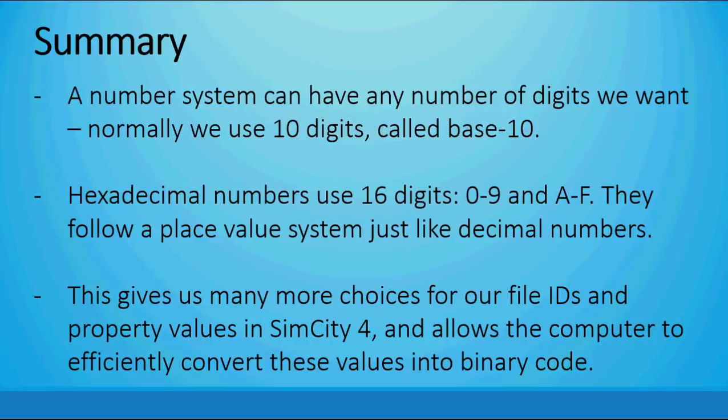And of course, because 16 is a power of 2, each digit corresponds to a 4-digit binary number, which makes the computer able to transfer the hex code into binary code really easily and efficiently with no waste.